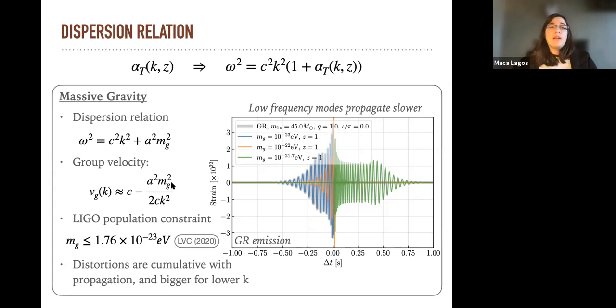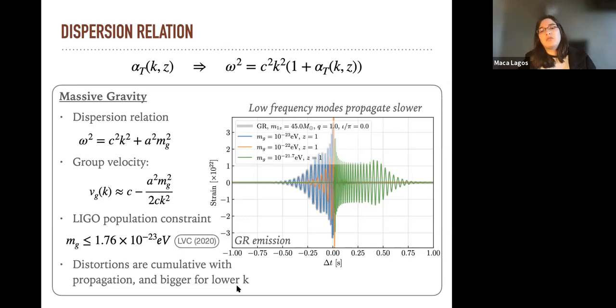Also, at least in this particular example, for lower frequencies the group velocity deviates more from the speed of light c. So the distortion effects that we will see are also more noticeable and easier to measure if we are observing lower frequency gravitational waves.